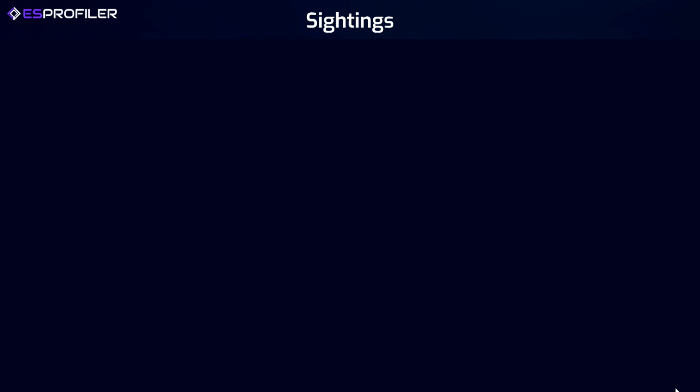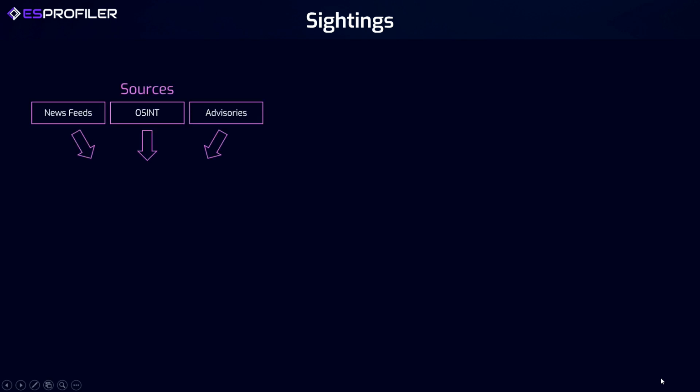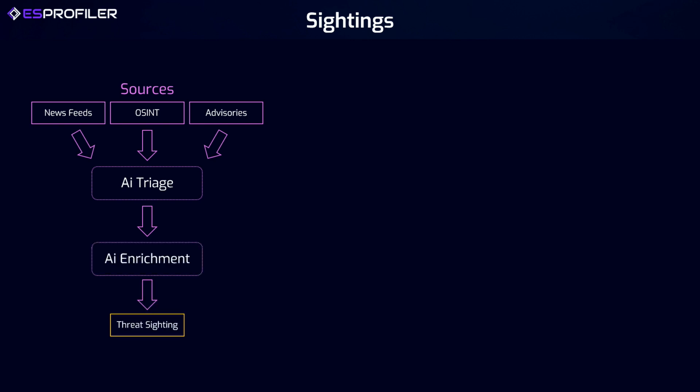To address this in ESPROFILER, we've created the concept of sightings, and think of these as observations of threat activity. Out of the box, ESPROFILER will monitor over 300 different news feeds. This includes everything from regional news to government CERTs, as well as open source intelligence feeds. It then uses artificial intelligence to triage articles coming from those feeds to ensure that they relate to cybersecurity events.